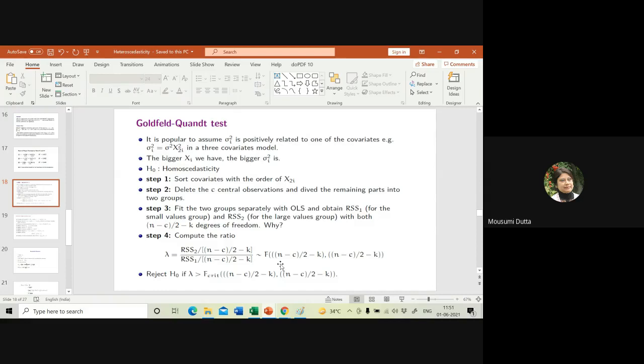N minus c by 2 is the number of observations, minus k is the number of parameters. Then the last line is the same: reject H naught if and only if your estimated F is greater than the critical F.